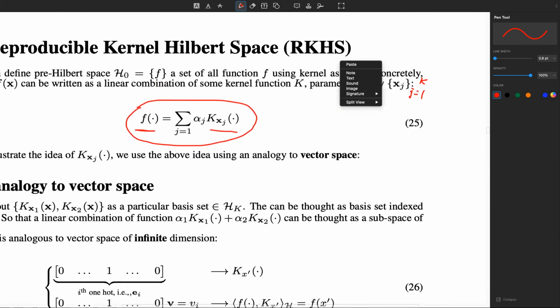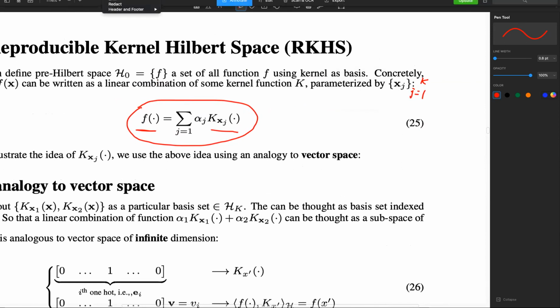So RKHS is reproducing kernel Hilbert space, right? And how is a Hilbert space different to a vector space? You also need to define the norm. You have its own definition of the norm. Now, every RKHS will be associated with a different kernel function.